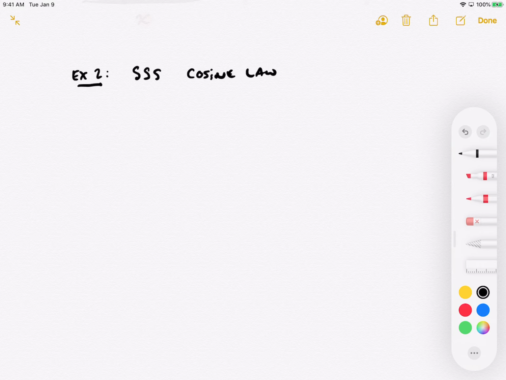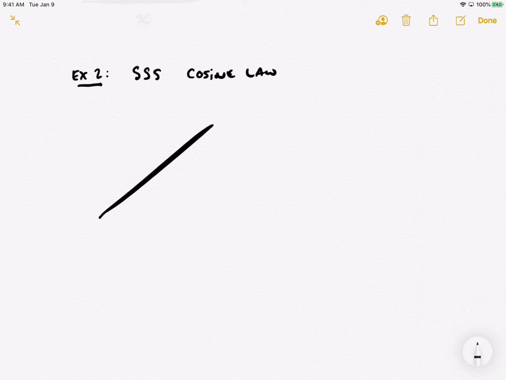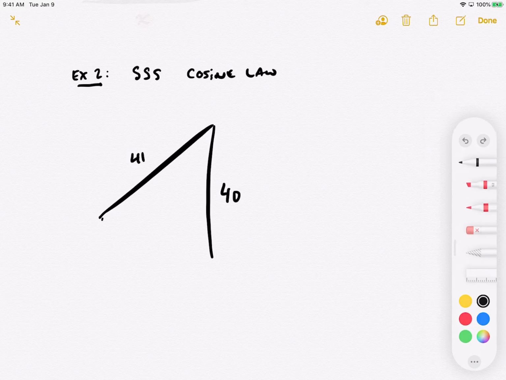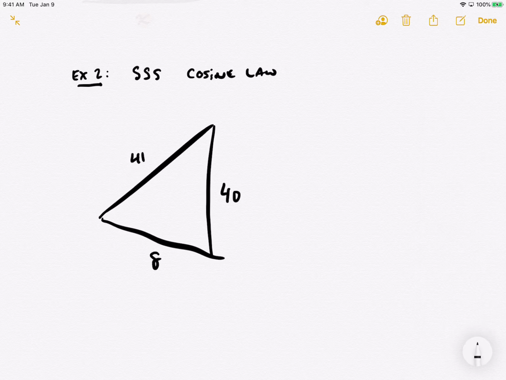So let's say maybe I have a 41, and then I've got a 40, and then an 8 there. I realized what I said: I said a minute ago I have 3 of the sides and I'd like to know the other one. I meant to say I have 3 of the sides and I'd like to know an angle, since we only have 3 sides. So I've got a 41, a 40, and an 8.